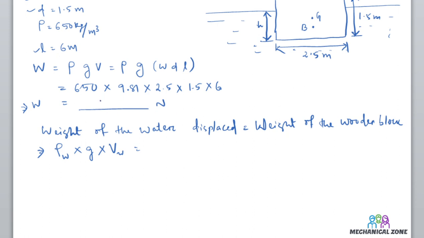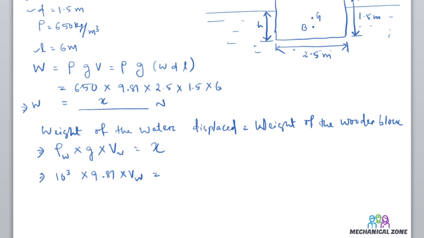Let us suppose this is the value x. The weight of the wooden block is x. As we have calculated the value, we put the value over here and do the calculation part. The density of water is 10 to the power 3 or 1000 kg per meter cube. G is 9.81 meter per second square.